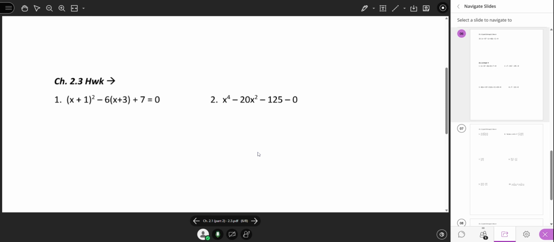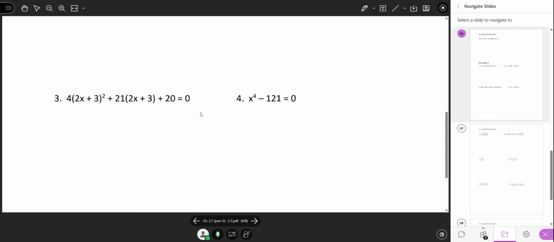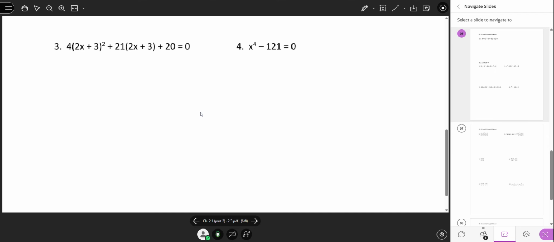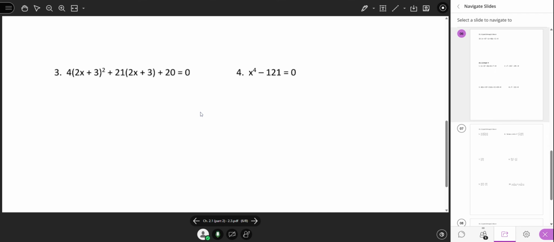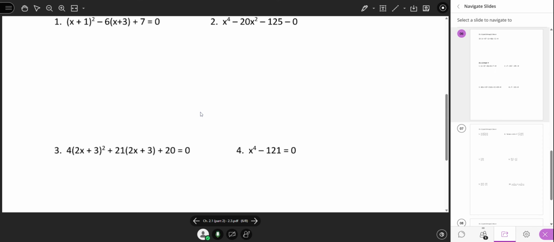Chapter 2.3, I need to do in two parts. The first part is not this first page. This first page basically can be done on Desmos.